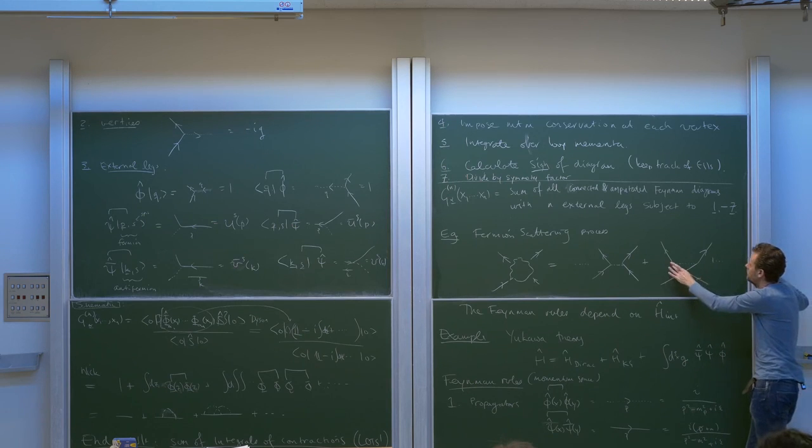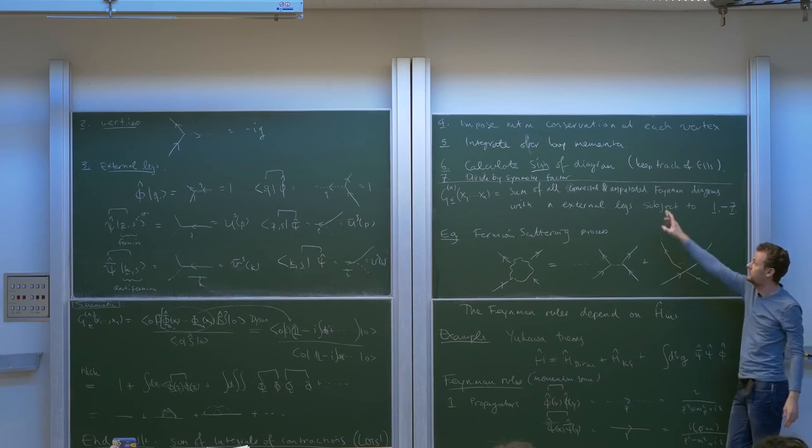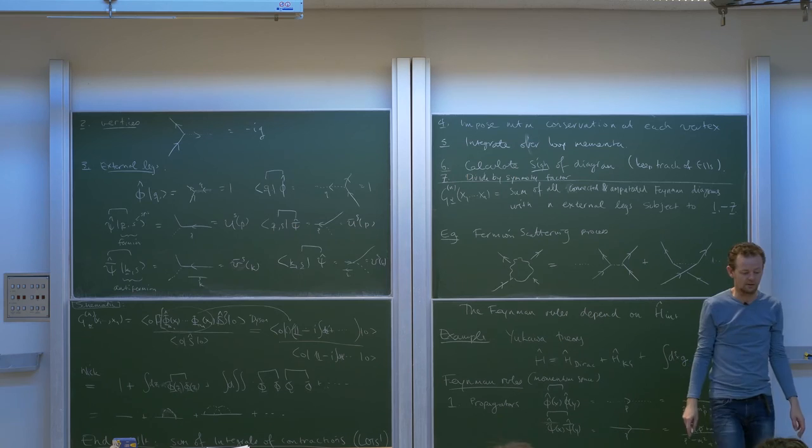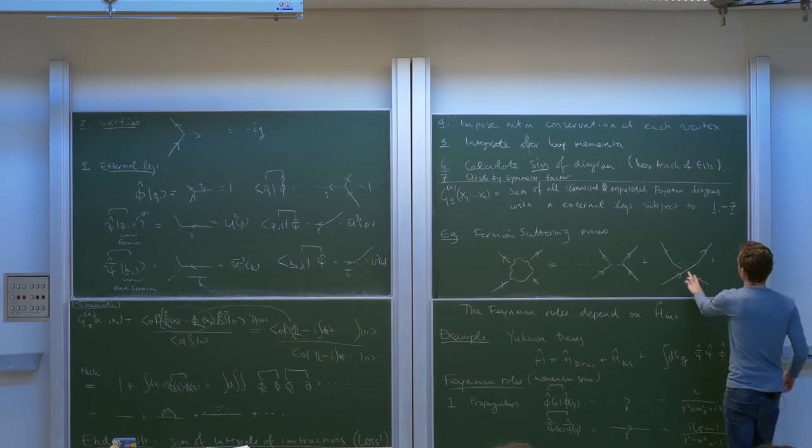But because this fermion comes in to this vertex here, and it has to cross in this diagram here, inevitably when you go through and apply Wick's theorem and look at the corresponding integral, there'll be a minus sign coming from the fact that you cross these legs. And that's what's meant by the sign of that diagram there. Keep track of the minus signs. The minus signs correspond to the situation where legs are crossed.